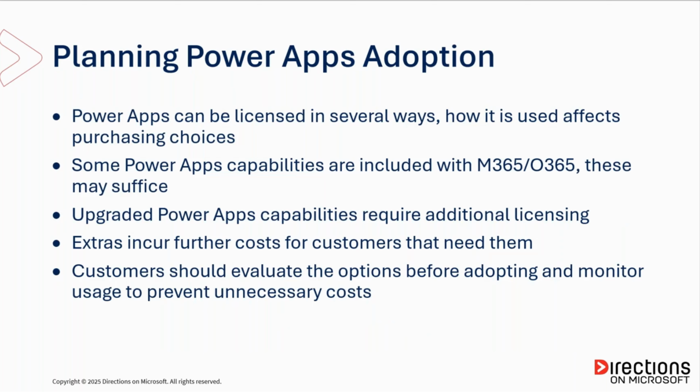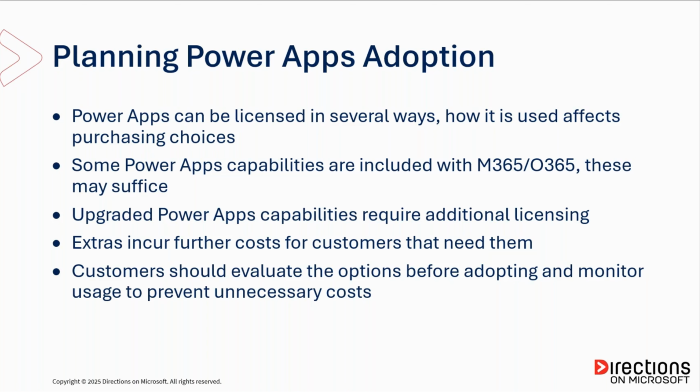So yeah, next slide. Okay, here are some considerations for planning Power Apps adoption. Now, Power Apps can be licensed in several ways, and optimal licensing will depend on your usage scenarios. Basic Power Apps capabilities are included with most Microsoft 365 and Office 365 subscriptions, and these may suffice for many customers.